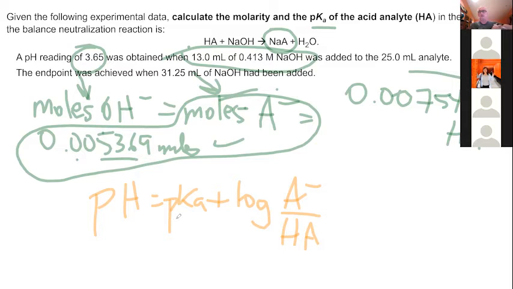And here the volumes are the same. They're both in 25 mils plus 13 mils. They're both in the same 38 milliliter sample. So if the volumes are the same, then yeah, you don't have to figure out what the concentrations are. If they're different volumes, then no, you can't do that. But in this instance, we can.